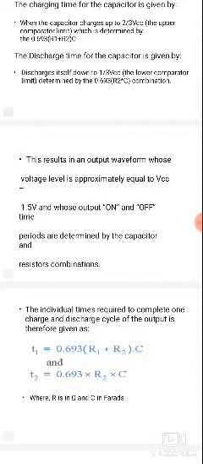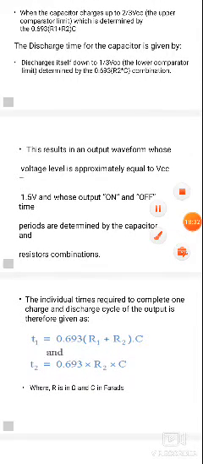The discharge time, when the capacitor discharges down to 1/3 VCC, the lower comparator limit, is determined by 0.693 times R2 times C. The discharging resistor is only R2, and the charging resistors are both R1 and R2.